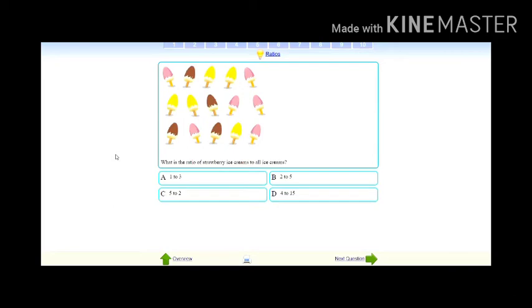Strawberry ice cream to all ice cream. 2 to 5. Done. So these kinds of things you are perfect.